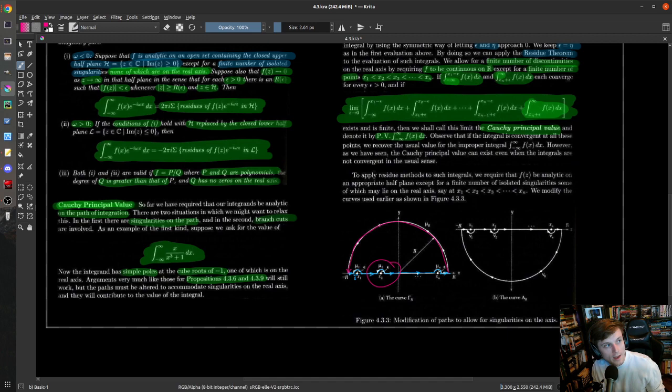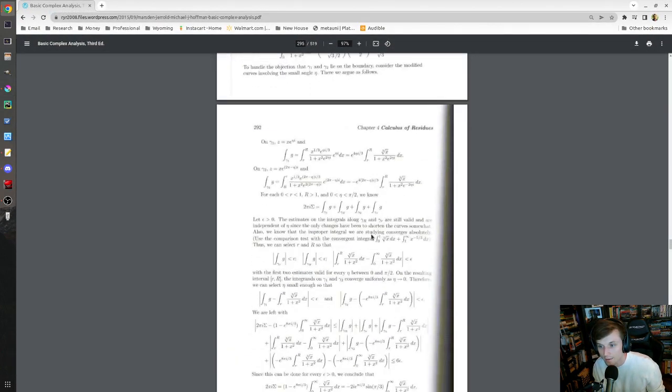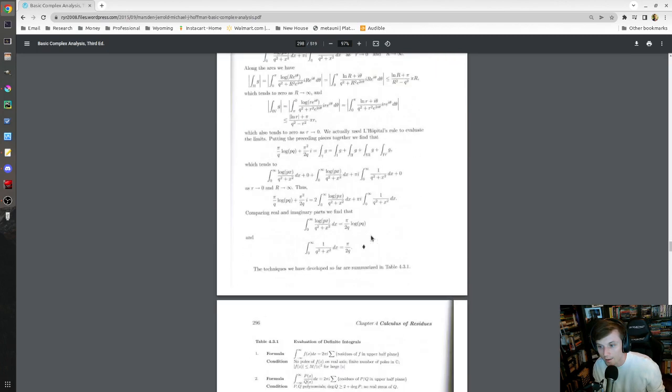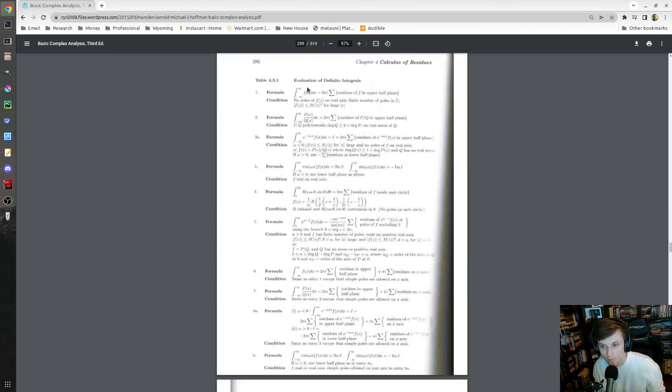If you want a good reference, your textbook has somewhere in here, here we go, Table 4.3.1, I have it up on the screen. A gigantic table describing all of the different ways that you could do these sorts of tricks. And we did a few of them here.